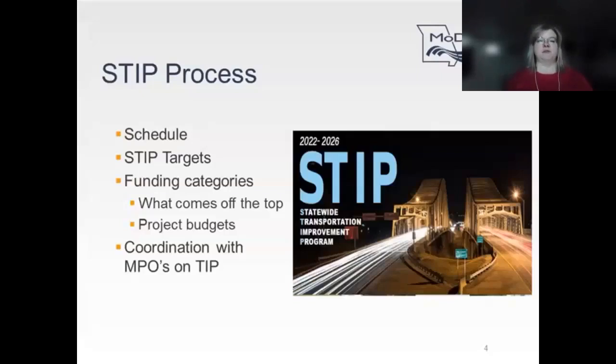Based on the financial forecast that we receive from financial services each year, transportation planning calculates the STIP targets and typically provides them to the districts after the January commission meeting. These targets specify the amounts of funds each district receives to deliver their program.